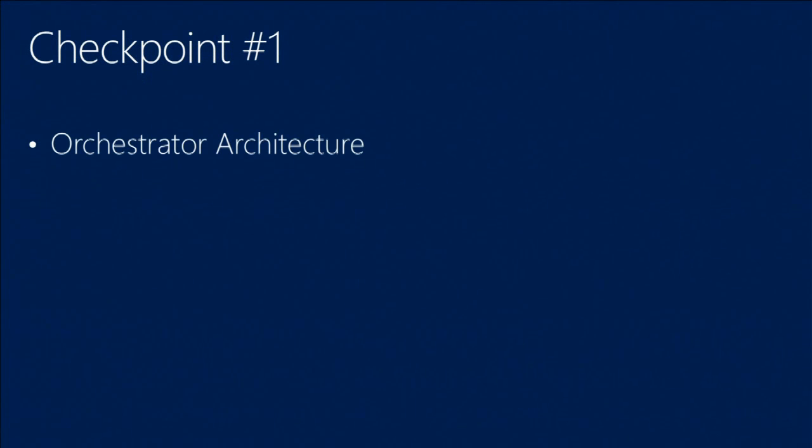So let's just have a quick checkpoint here, so to speak. We've covered off Orchestrator architecture. Quite simple to deploy. Single server is okay. We can scale out later. Scalability and high availability, somewhat automatic in many respects. We can add multiple runbook servers. It's automatic for us.